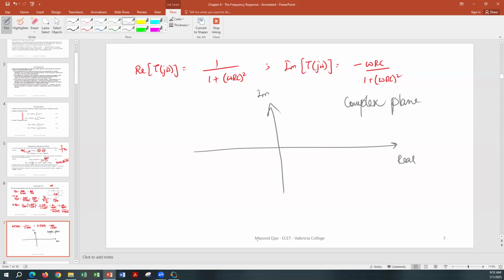So that's your complex plane, imaginary numbers, j omega on the y-axis and real numbers on the x-axis, and of course, numbers can be anywhere.